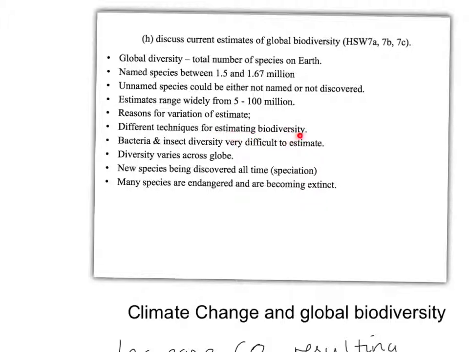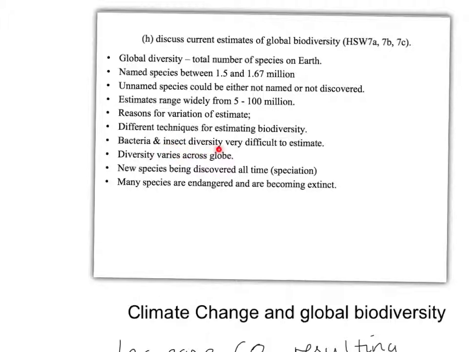If you multiply that up across the world, we're going to have different amounts of biodiversity in different parts of the world. So you might expect the biodiversity in the Amazon rainforest to be very different from that in the Antarctic, for obvious reasons. So normal estimation processes are fairly redundant. Also it's very difficult to estimate smaller organisms, bacteria and insects, and what the potential diversity out there might be.